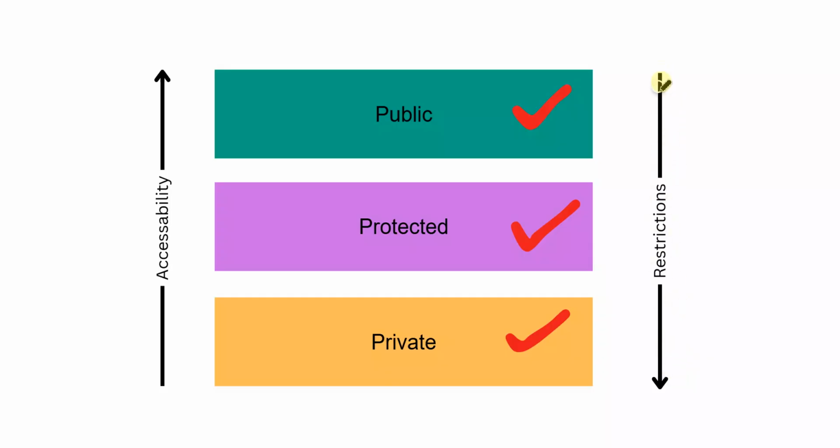From public to private, you put a new restriction so that this data will not be available to people outside of the particular world. But if you go from private to public, it means that you are easing the restriction and providing access to the outside world.